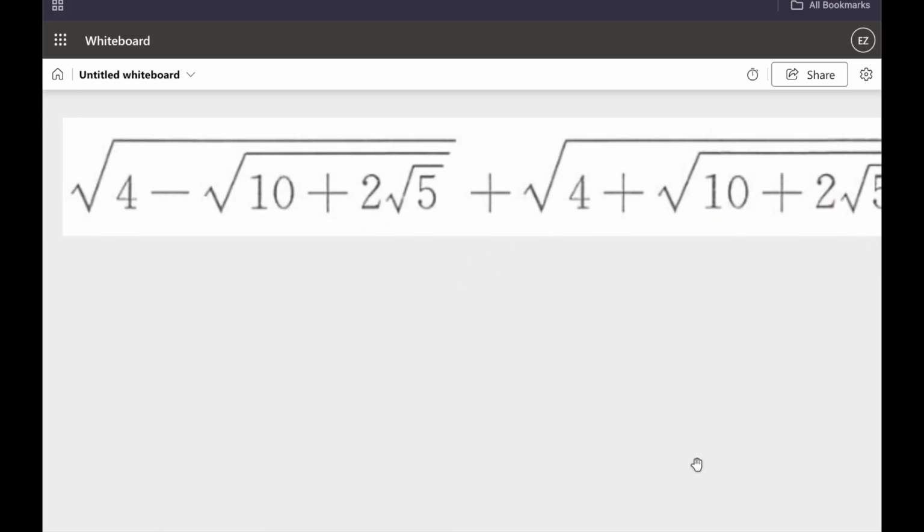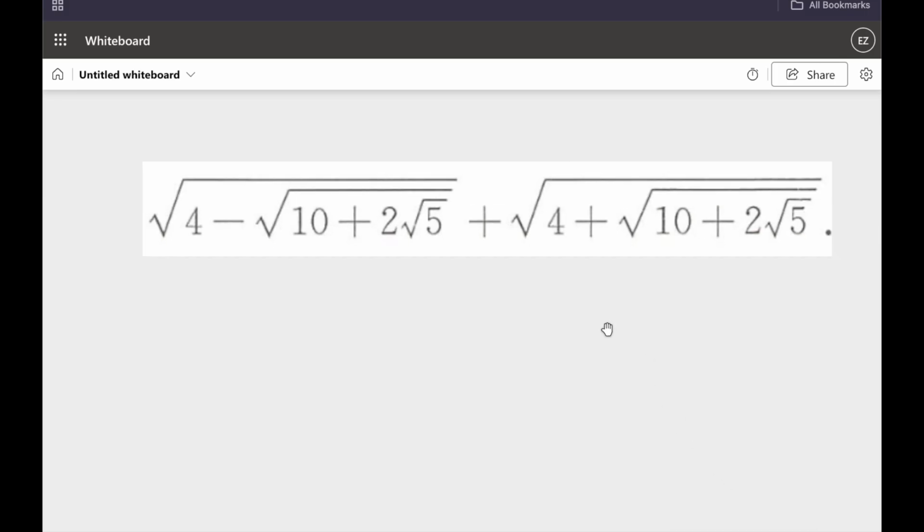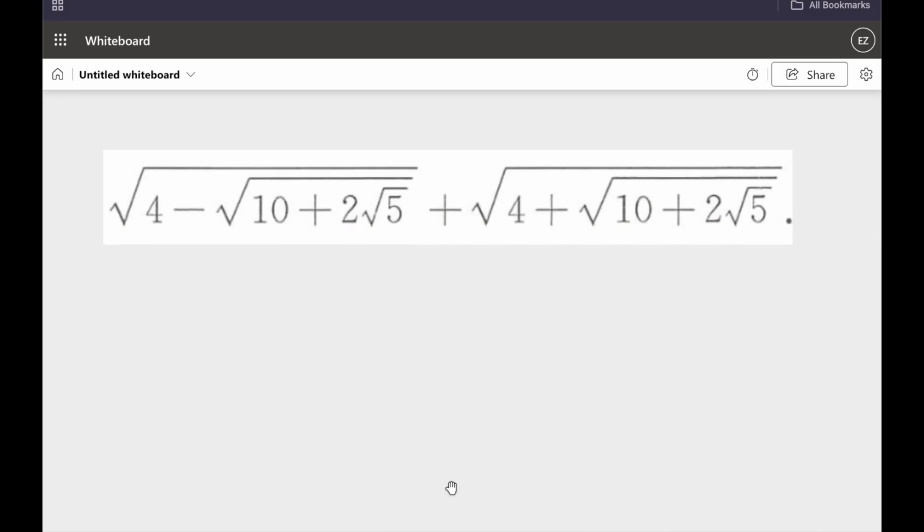Okay, here's another one. This one is interesting. We can see there are two similar structures, that is square root of y plus x times square root of z.